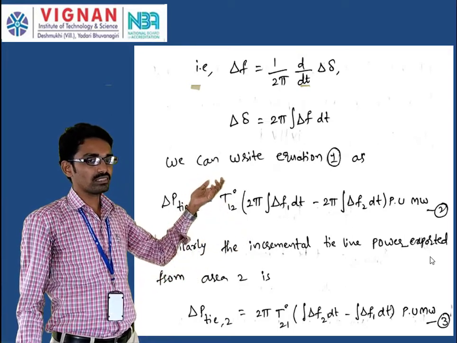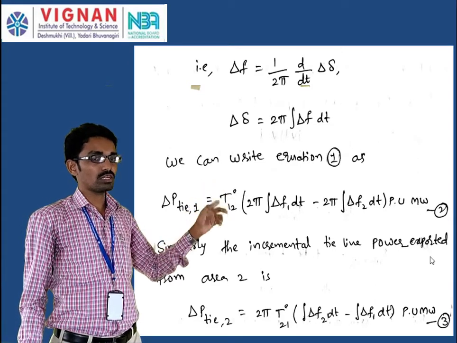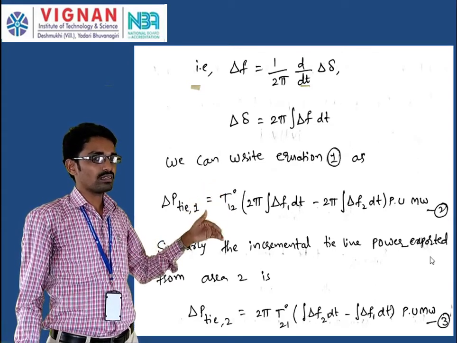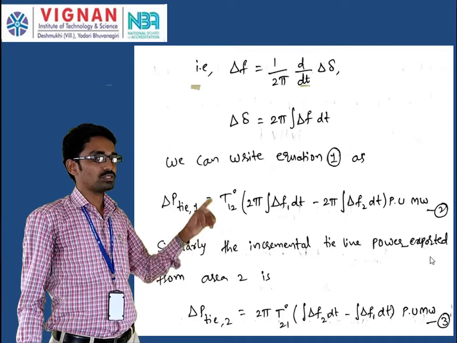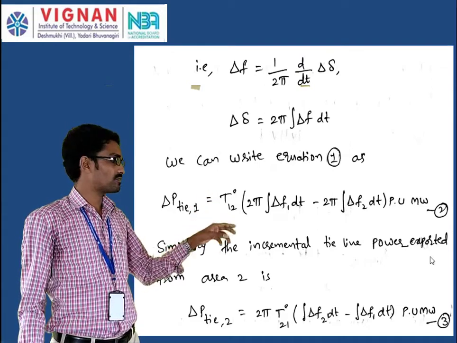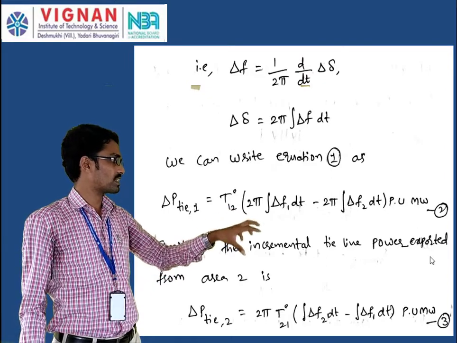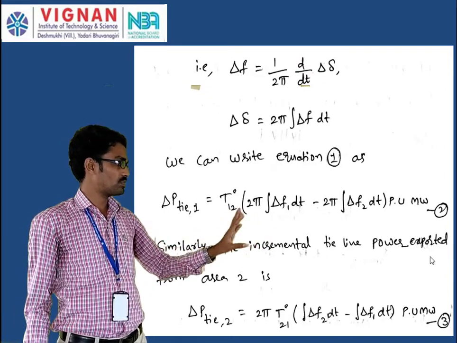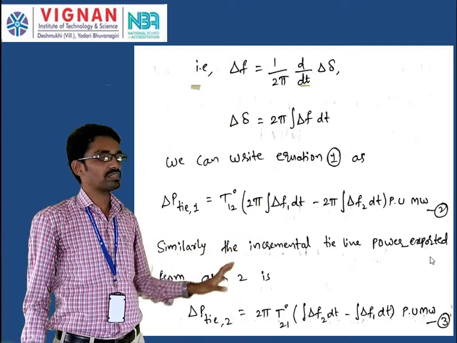In the previous case it is T120 there, but here you get 2 pi T210 (integral delta F2 dt minus integral delta F1 dt), with the units per unit megawatts.